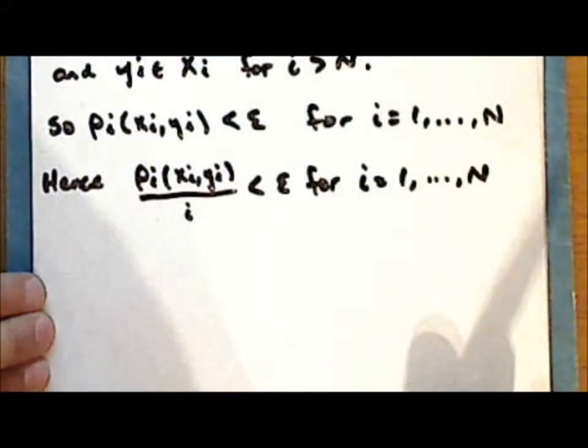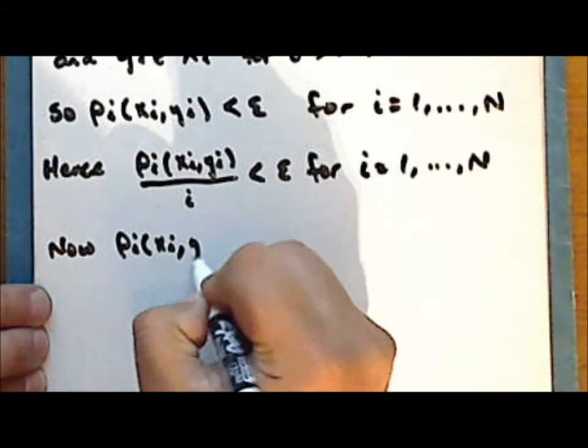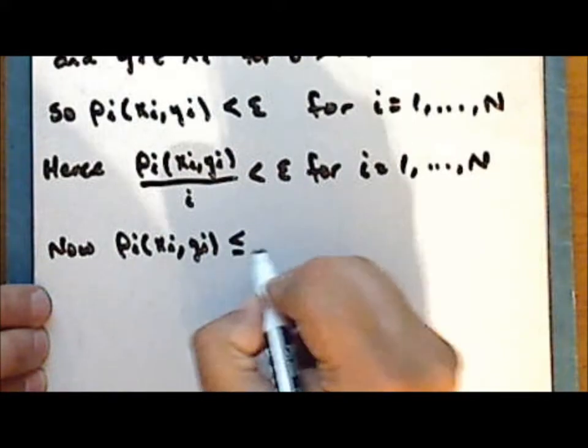Now we'll look at the case where I is greater than n. Now we have that rho sub I, no matter what the points, it's a bounded metric, and so it's less than or equal to 1.